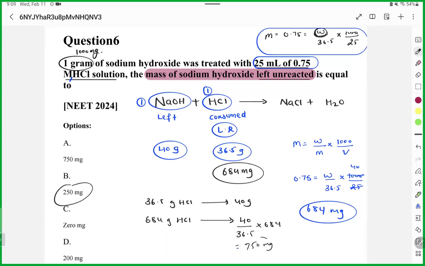So 750 mg will be utilized. Total amount available according to the question is 1000. 750 utilized. What is the amount remaining unreacted?